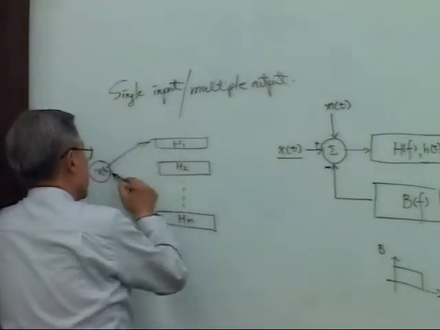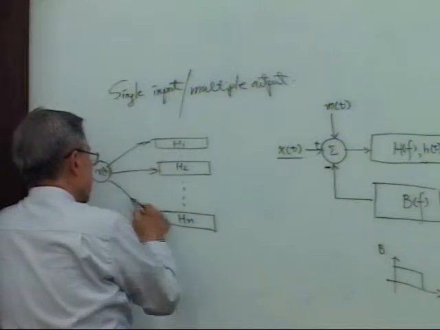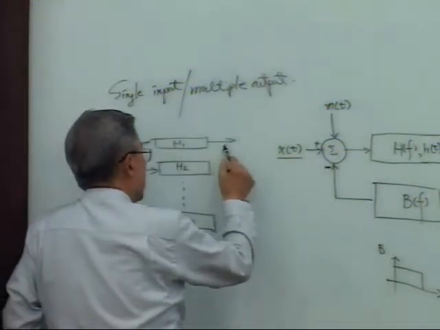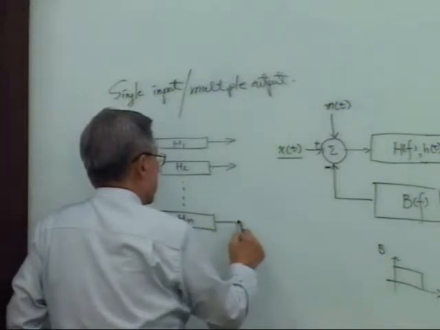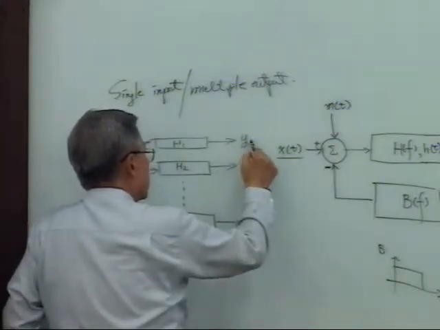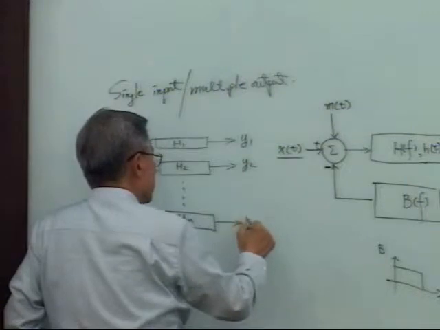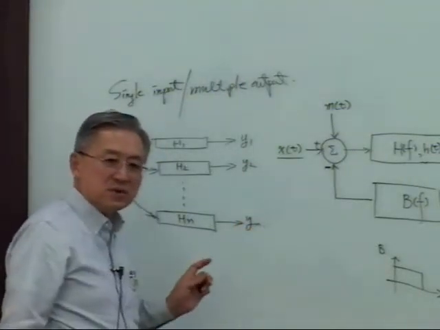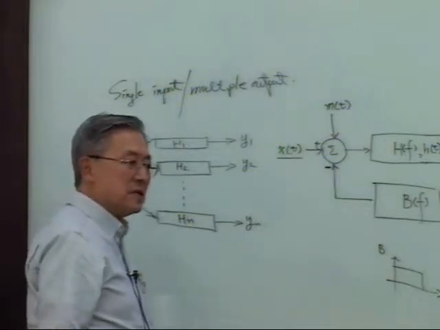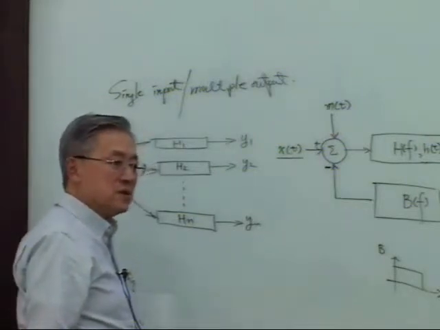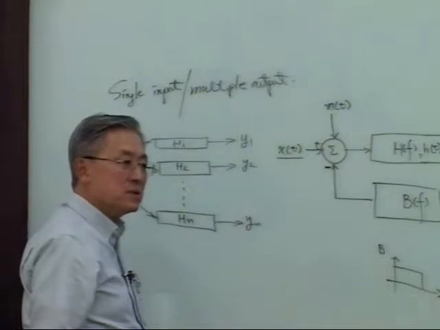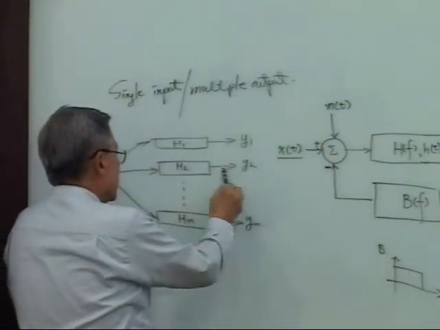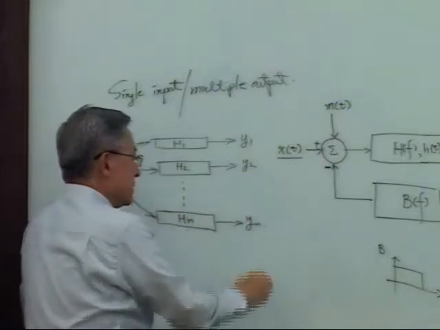This is all shared together, same input, and it's going to be all output: y1, y2. This is a collection of a whole bunch of single input, single output systems, 1, 2, all the way through n.